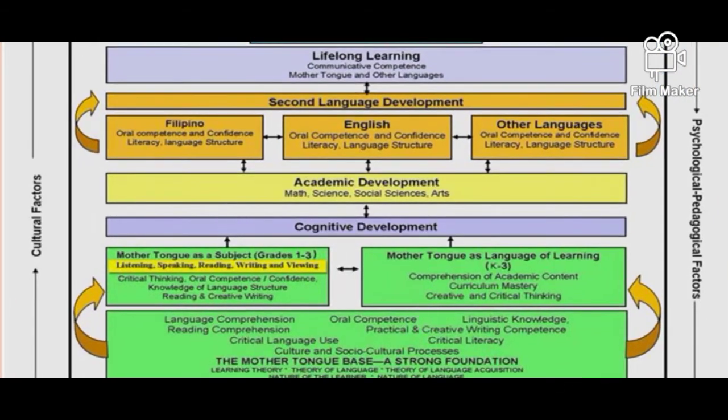Og diri sa green nga part, as you can see, it begins in the lower part, wherein mga comprehensions and competencies nakapaloob diri ang mga language comprehensions, reading, mga oral competencies, linguistic knowledge, practical creative writing competencies, mga critical language use, o kana pong the mother tongue base a strong foundation.